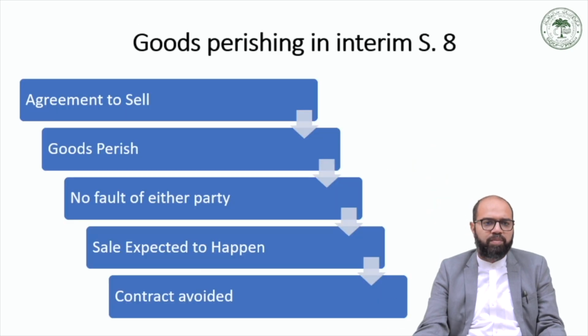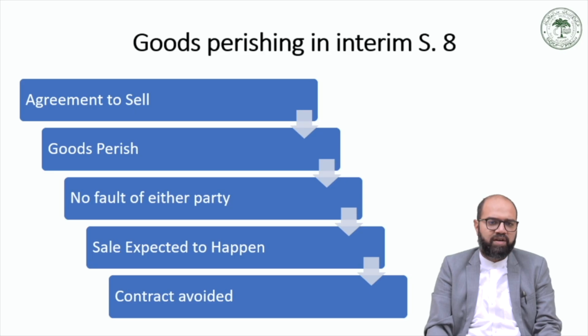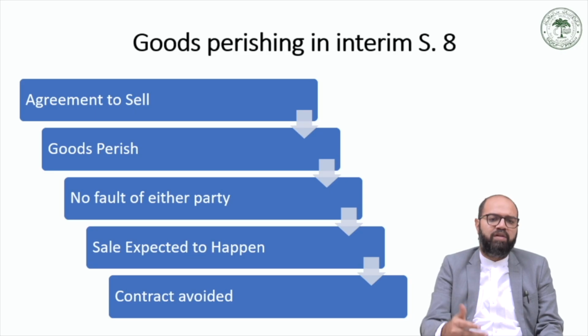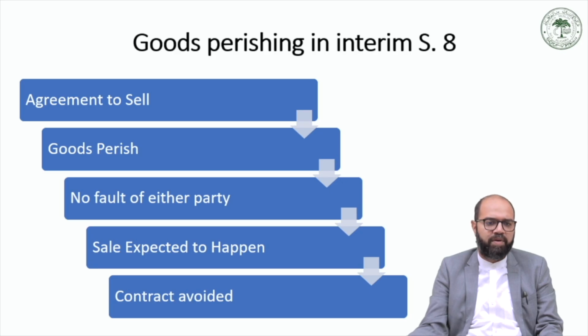So to break down this Section 8 for your benefit, there is an agreement to sell. In the example, it was a horse. The goods have perished. In our example, the horse died without any fault of either of the parties and before the sale was expected to happen.